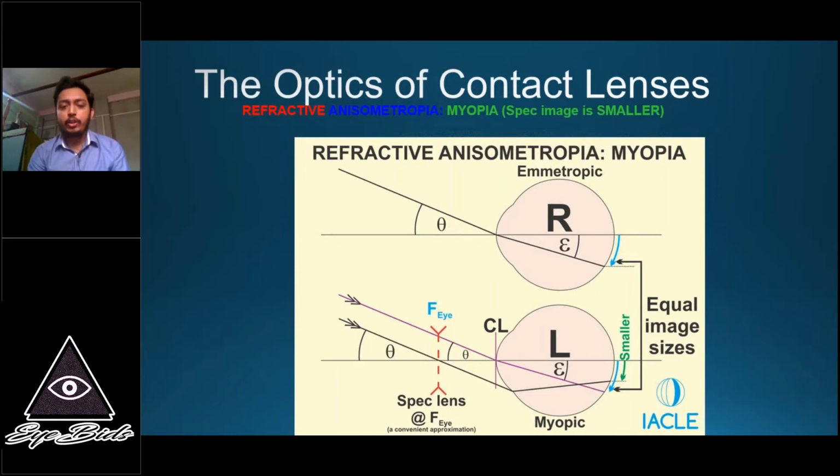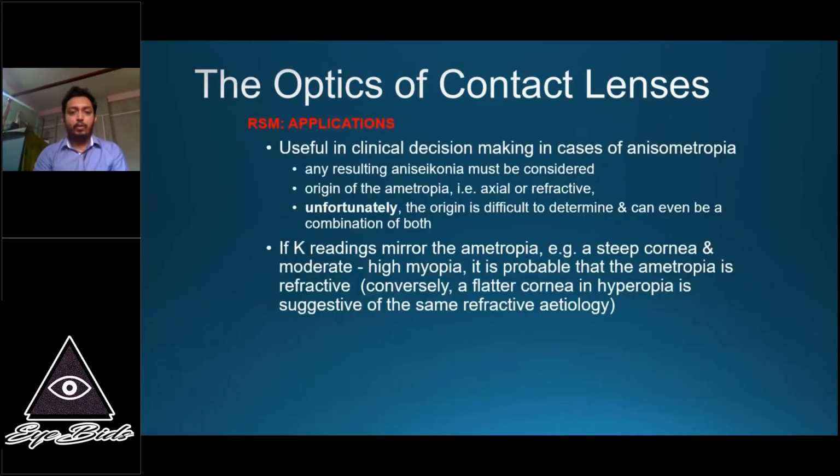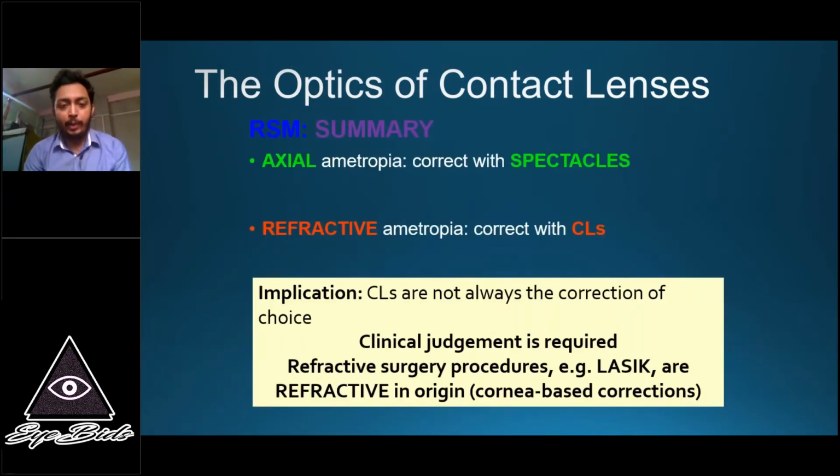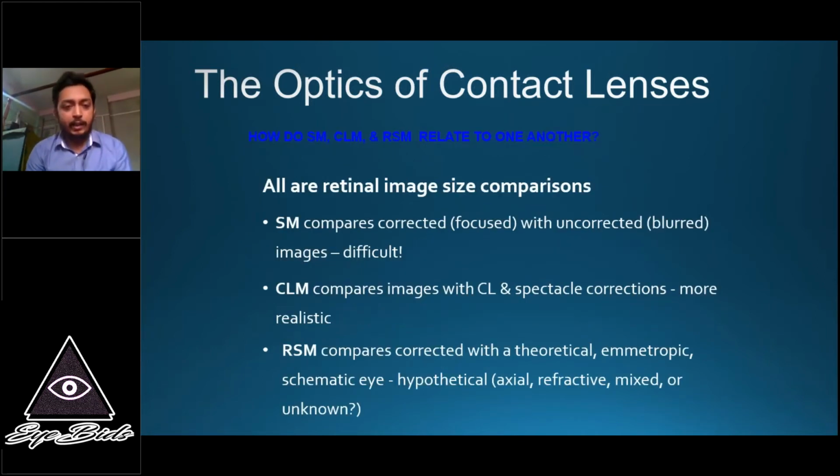In refractive myopia the spectacle image is smaller, whereas in axial myopia it is the same. So what we can conclude is that if anybody has axial myopia or axial hyperopia, it's better to correct with spectacle because the image size is not changing that much. But in refractive ametropia, it is better to correct with contact lens because here the image size is changing.